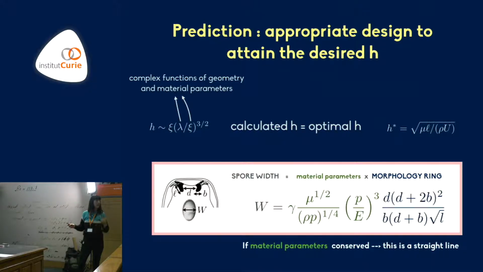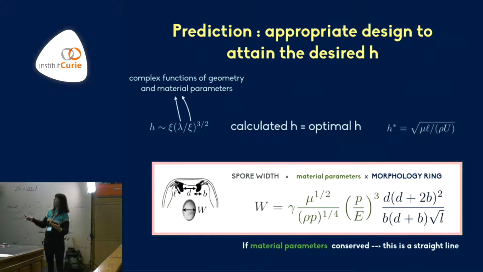Okay, again, this is complicated. It depends on morphology and material parameters. But in principle, one could imagine a gene for every single expression here. Okay, in principle. So, just to walk you through it, this is the width of the spore. This is a numerical constant that comes from the numerics.